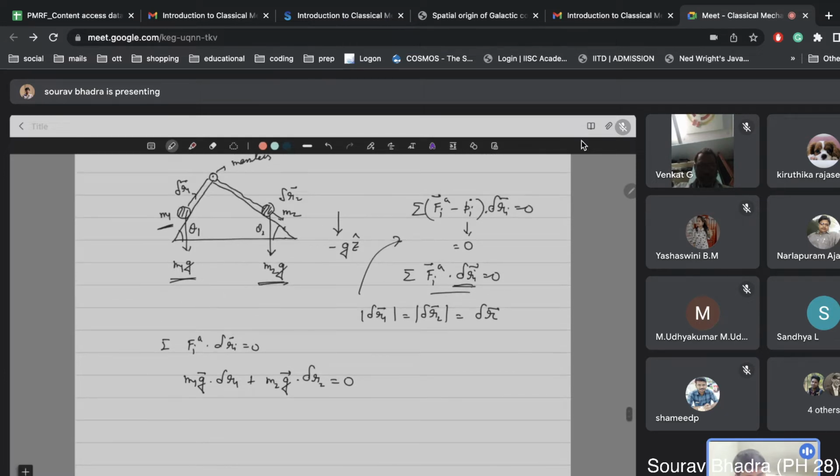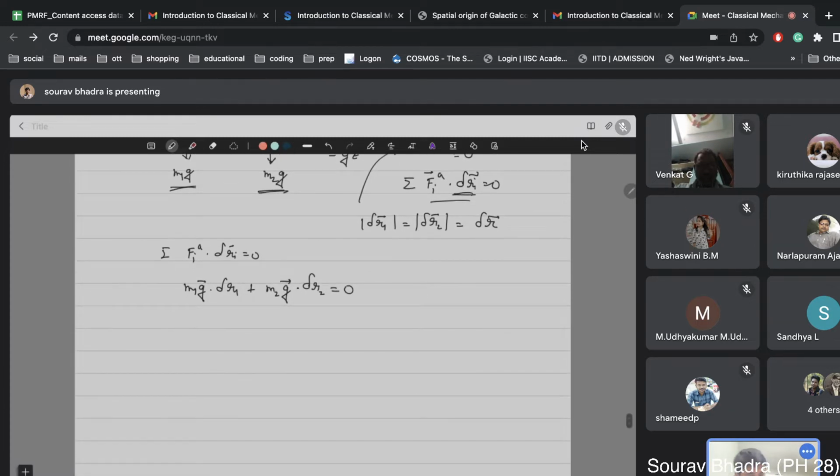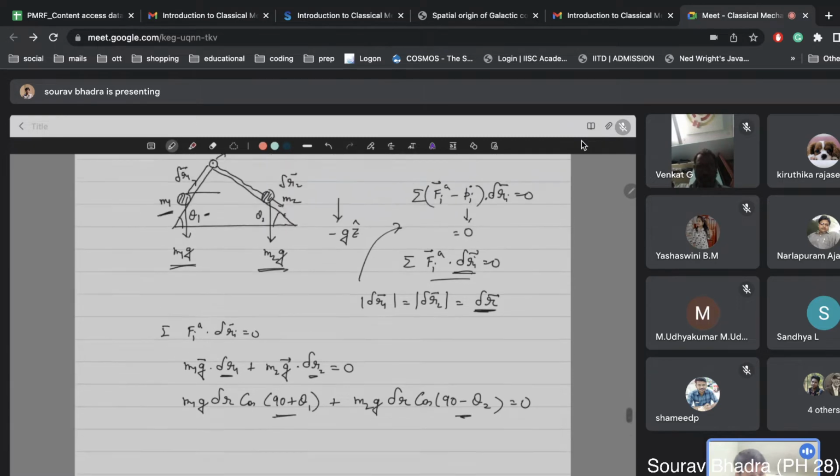Now if this angle is theta 1, the angle between m1g and delta r1 is actually 90 plus theta 1. So m1g delta r cos(90 + theta 1) plus m2g delta r cos(90 - theta 2), sorry, this is theta 2. How do 90 plus theta 1 and 90 minus theta 2 come?